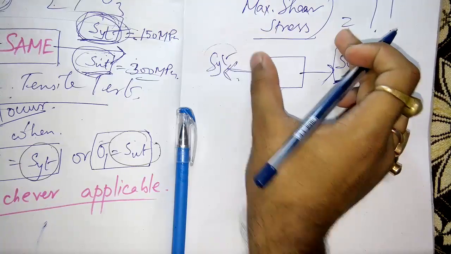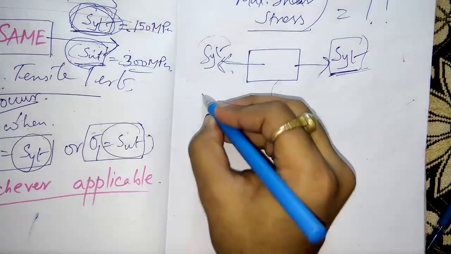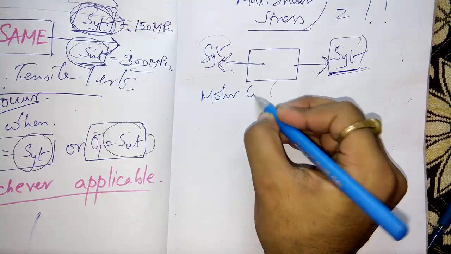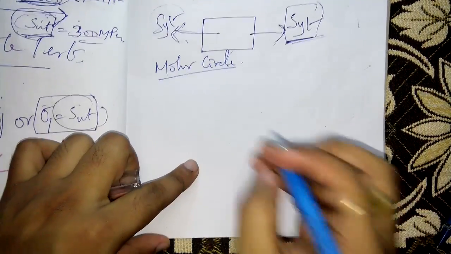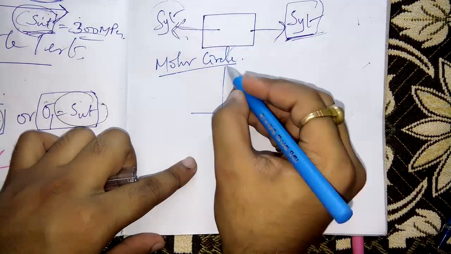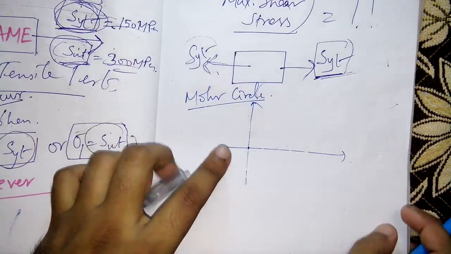Now you have to find the maximum shear stress. We will find it with the help of Mohr's circle. Mohr's circle is very simple. This is your origin.